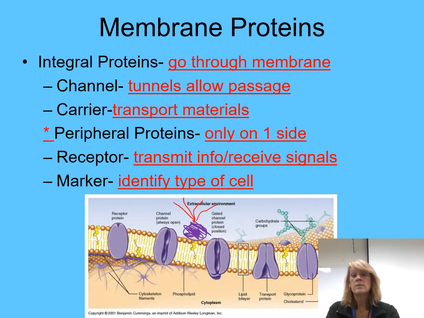They are proteins with sugars attached to them, and they act as a way for cells to talk to each other. Cells talk to each other by making hormones. So think of receptor proteins as being two baseball players who have to throw the baseball back and forth, and you have to be able to catch that baseball. That's kind of what receptor proteins do.